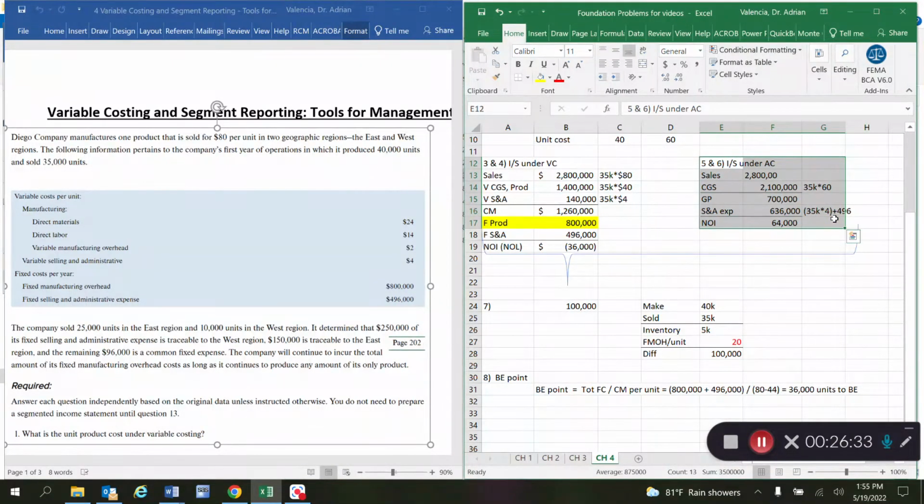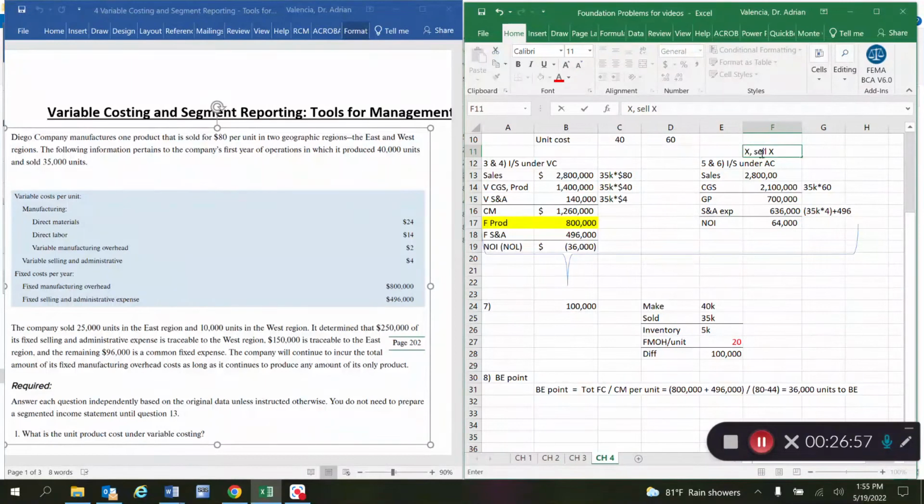Anytime you produce more than you sell, you have to be careful in terms of the type of analyses that you do under absorption costing. And break-even point is one of those types of analyses. So if you're in a period where you produce X amount and you sell X amount, the same amount, then absorption costing will work perfectly in terms of the break-even analysis.